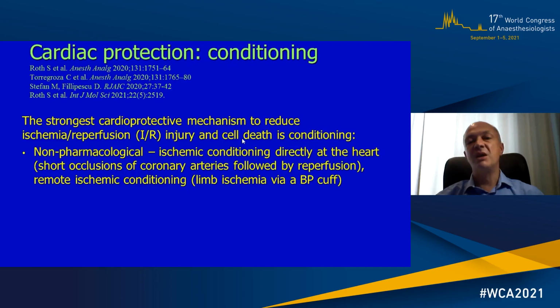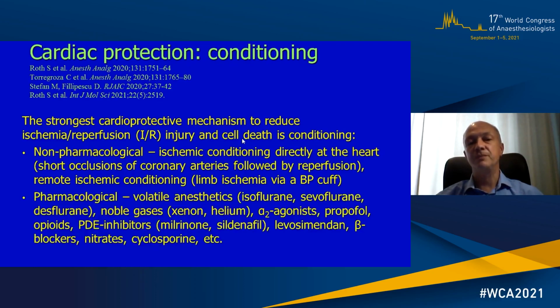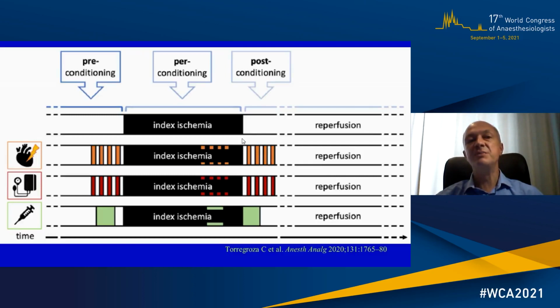It is caused by a temporary inflation of blood pressure cuff, causing limb ischemia with subsequent reperfusion. The pharmacological methods of conditioning include administration of volatile anesthetics, noble gases, alpha-2 agonists, propofol, opioids, phosphodiesterase inhibitors, and a number of other pharmacological agents. They can be administered both before ischemia, demonstrating preconditioning, during ischemia, perconditioning, or after ischemia, postconditioning.